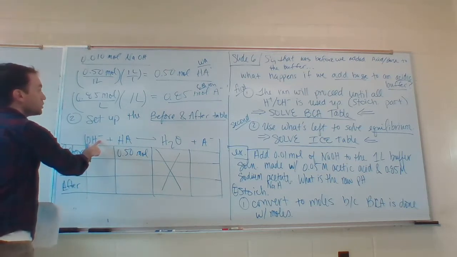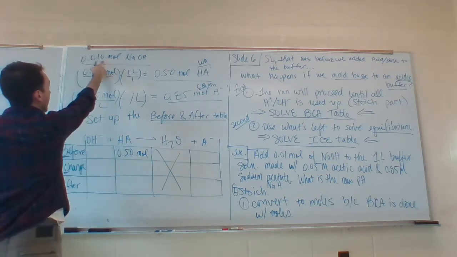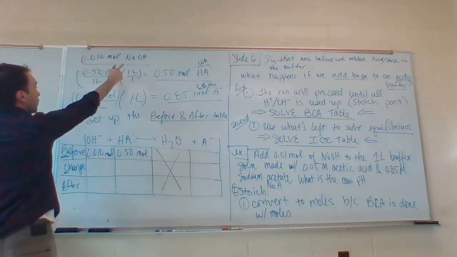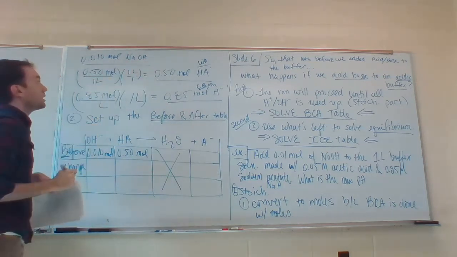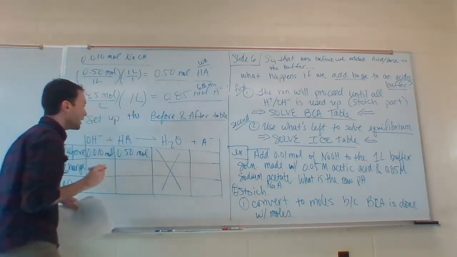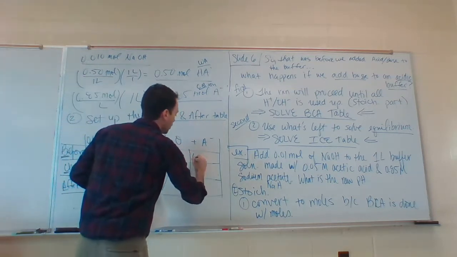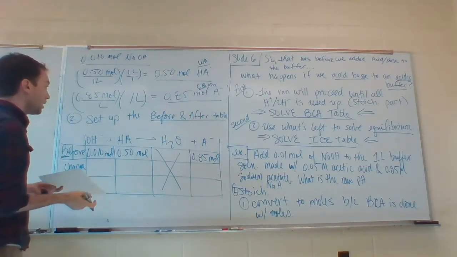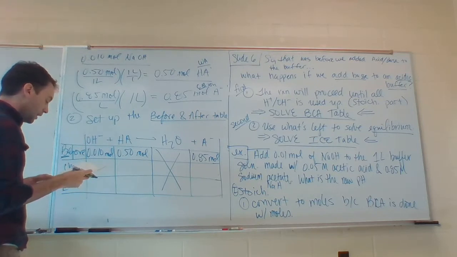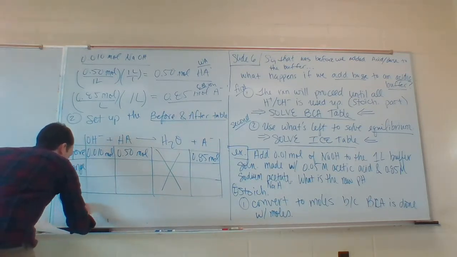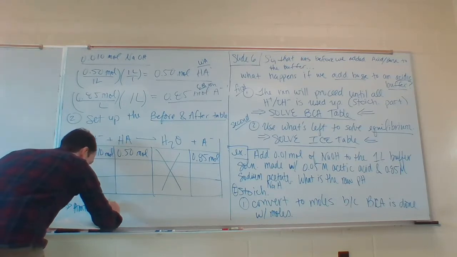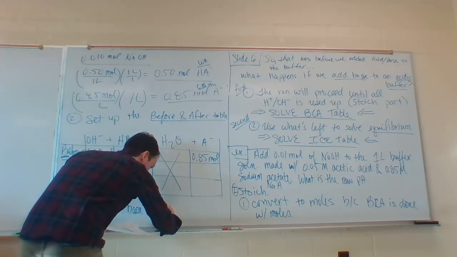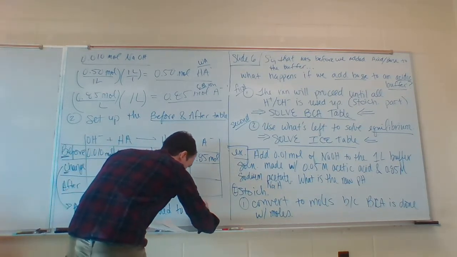For our OH, we had the 0.010 moles of the OH because it's 1 mole of OH per mole of sodium hydroxide. Then I'm going to plug in my A minus, which is my 0.85 moles. All right. In the change row, our change is going to be the amount of acid or base that was added to the buffer.